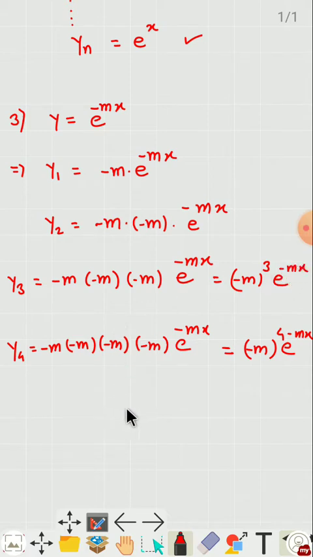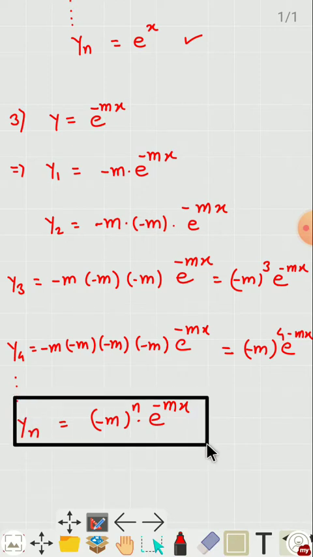Okay, so if we do this for n times, this will be minus m raised to the power n into e raised to the power minus mx. So this is the nth order derivative of this standard function.